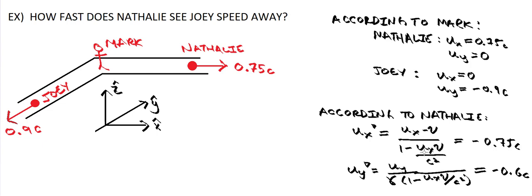Mark says that Joey doesn't move along the x-axis. V is still 0.75 c, but 0 times 0.75 c is still 0, over c squared is still 0, and so this becomes 0 minus 0.75 c over 1 minus 0, which is just minus 0.75 c. Sorry, you can tell I'm still getting used to this.